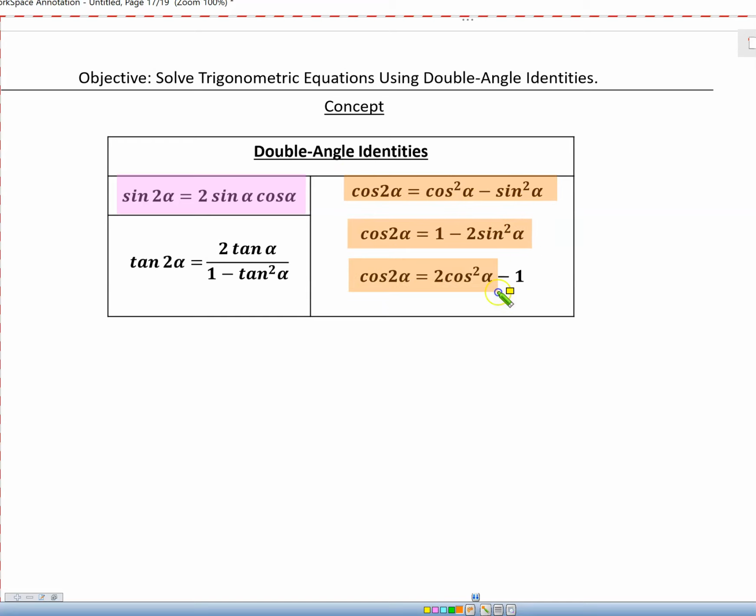Sometimes we have options. Sometimes one might be easier to use than another, and sometimes there might be an identity for cosine of 2x or cosine of 2 alpha that just doesn't work. We also, of course, have our tangent, and we only have the one of those. So if we're doing an equation that involves tangent of 2x, that would be the identity we'd have to use to replace it.